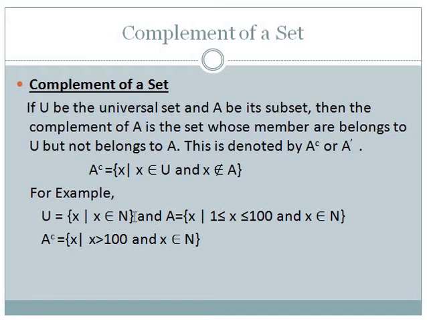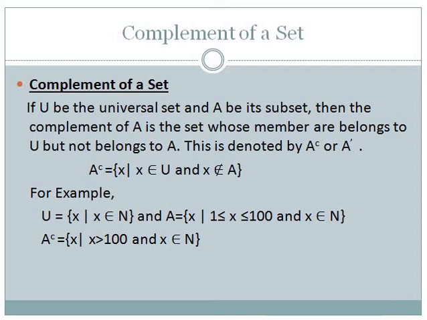So the natural number set is your universe and A, all the numbers from 1 to 100, is a subset. So who are the members of the complement set? All x such that x is greater than 100 and x belongs to the natural numbers. So from 101 to infinity, all are members of A complement.